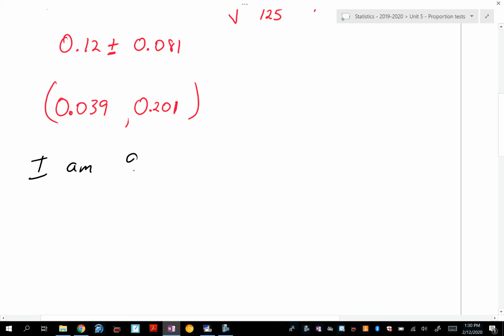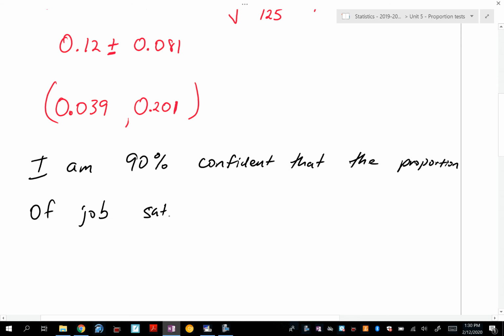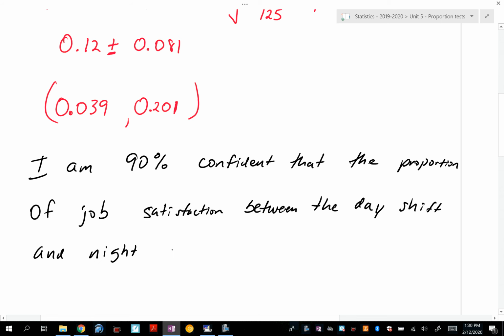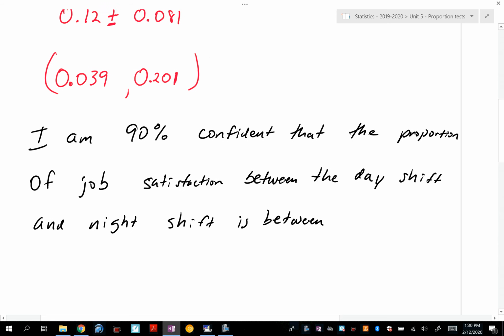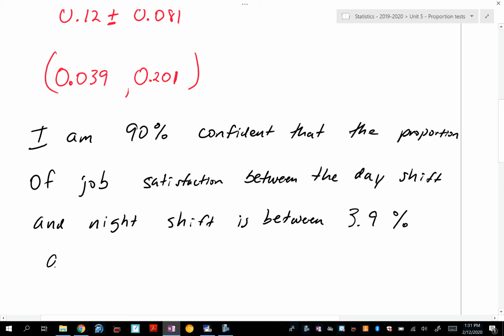I am 90% confident that the proportion of job satisfaction between the day shift and night shift is between, points, I guess I'll do percentage now, 3.9% and 20.1% higher.